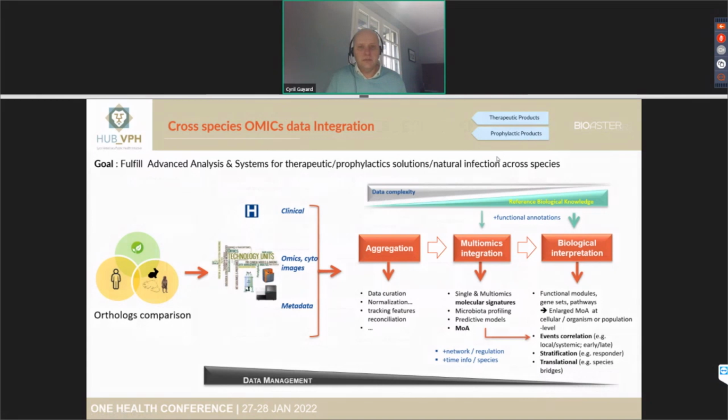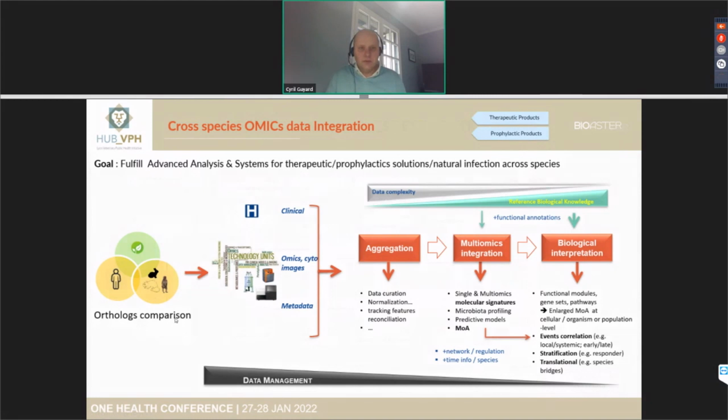Obviously, you could imagine the use of such strategies in a One Health approach. Here, we are looking at developing therapeutic and prophylactic solutions, where it is important to have access to cross-species response to therapeutic solutions.